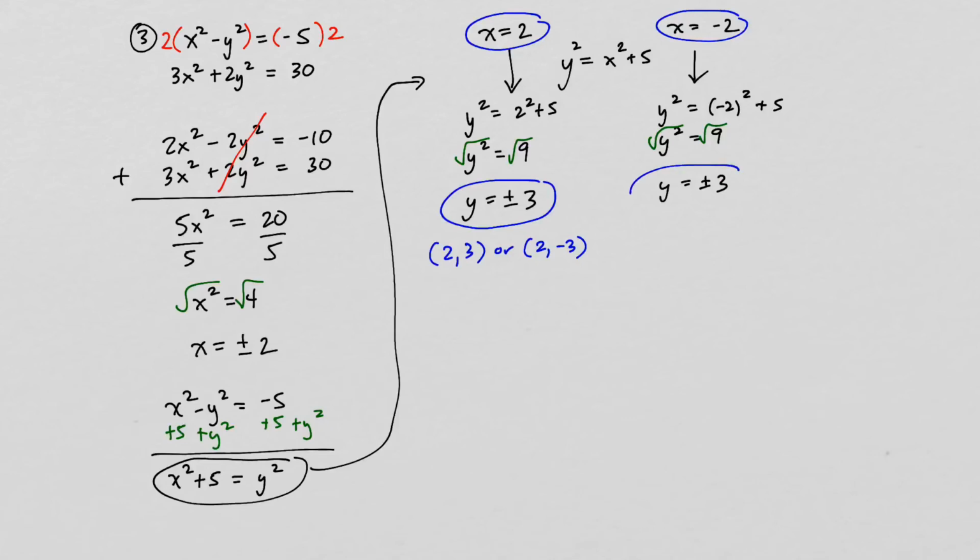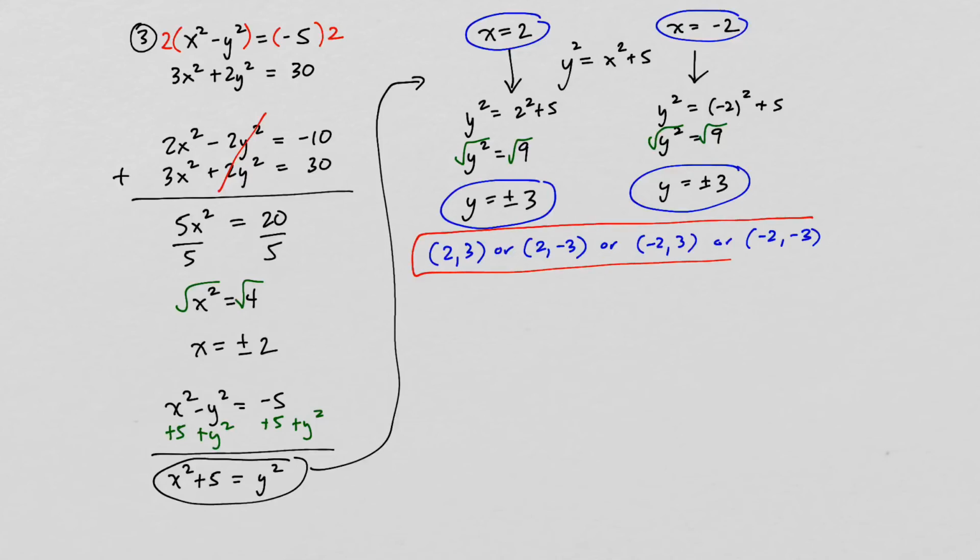And so once again, we get 2 values of y for this single value of x. So that is going to give us 2 more solutions. So x equals negative 2, y equals positive 3, or x equals negative 2, y equals negative 3. And we end up with 4 solutions.